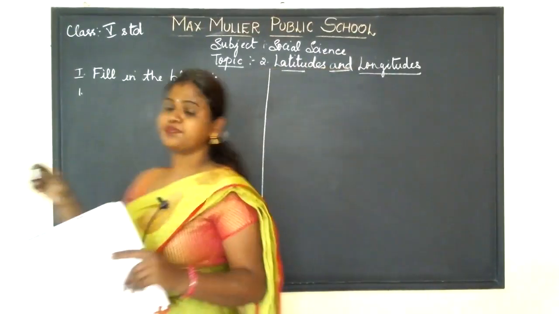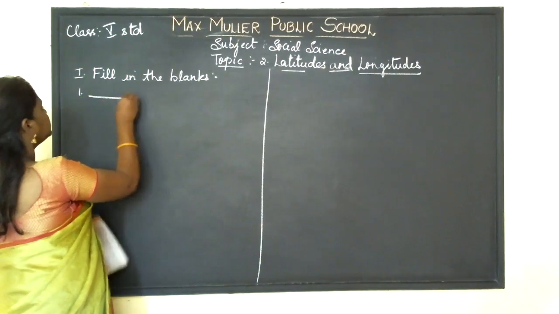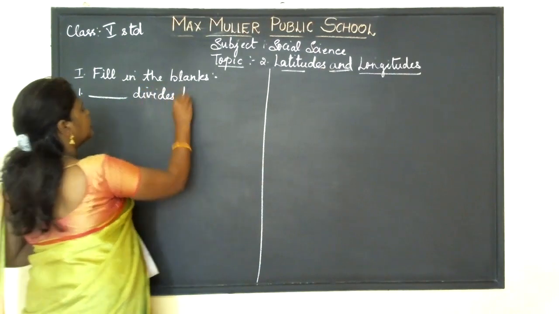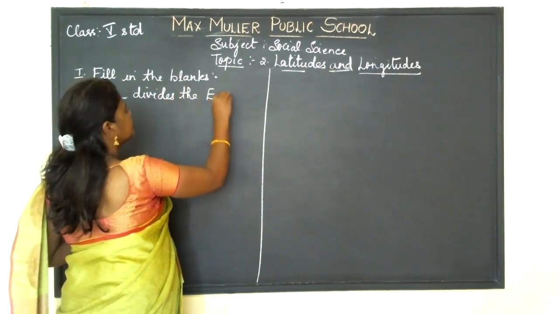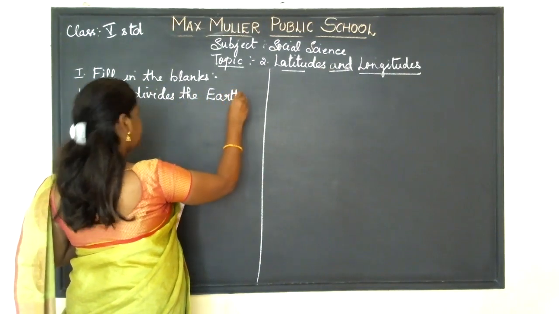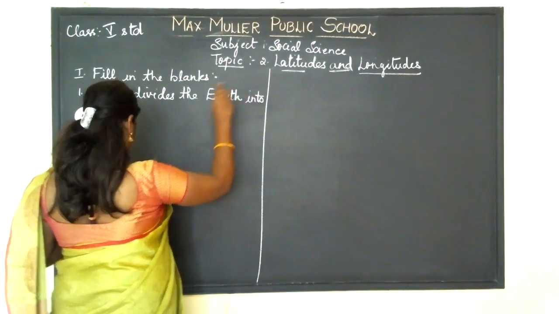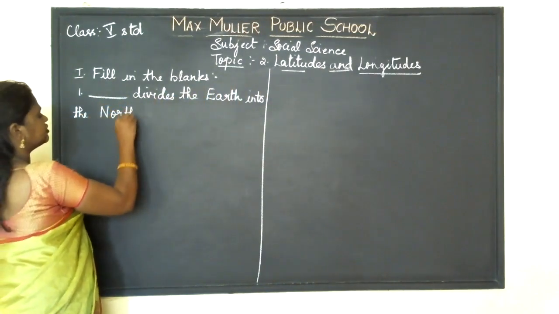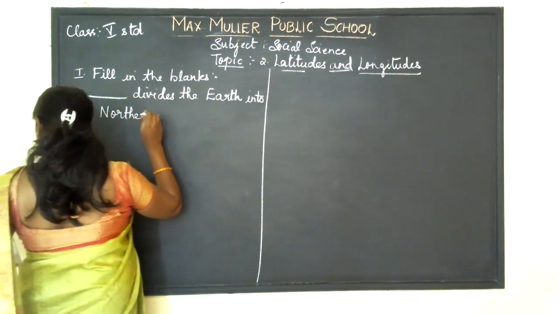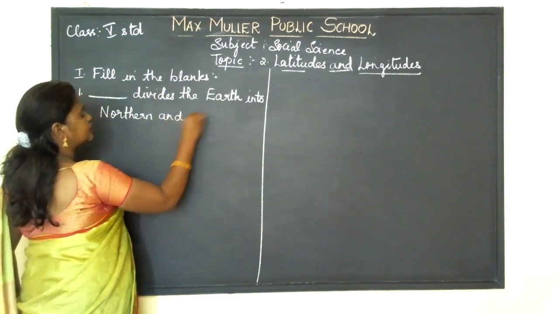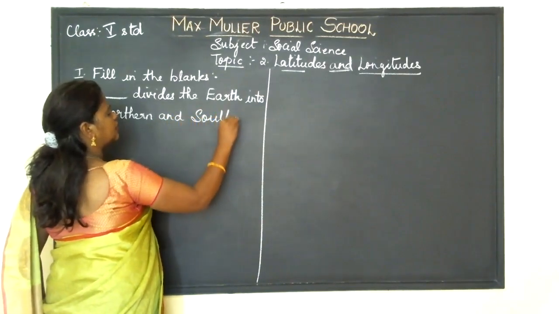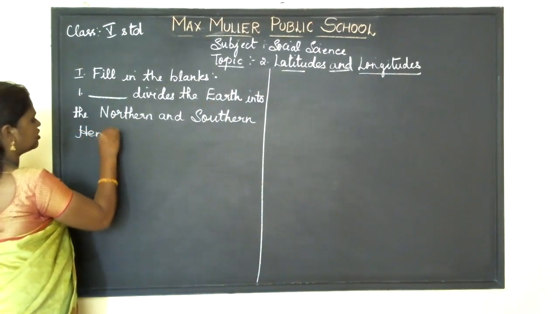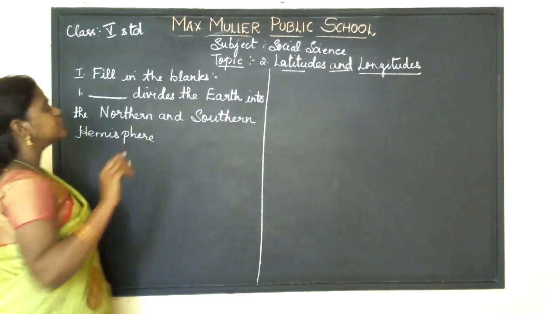So the first one: dash divides the earth into the northern and southern hemisphere. So what is the first question?